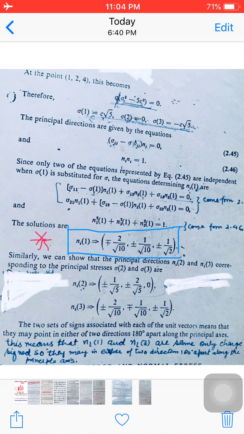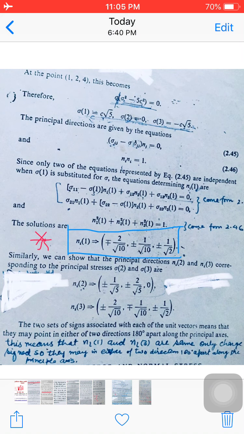So they are only 180 degrees apart because they only change in direction. Sometimes this question, which is written in ink pen here, may also be asked in the exam, to prove that they are 180 degrees apart. ni1 and ni3 only change in direction and numerically they are the same, so it shows that they are 180 degrees apart.